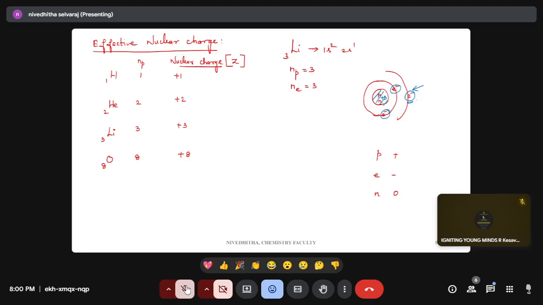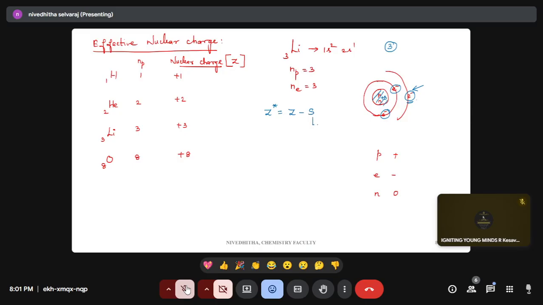The actual nuclear charge experienced by the valence electron is called the effective nuclear charge. As far as lithium is concerned, the nuclear charge is 3, but the actual nuclear charge experienced by this valence electron will definitely be less than 3, right? So effective nuclear charge is represented with the symbol Z star, which is equal to the original nuclear charge minus the screening constant.